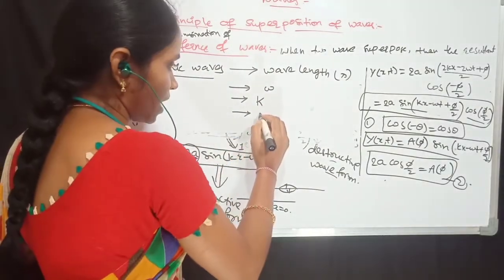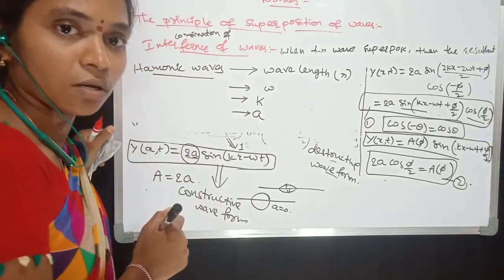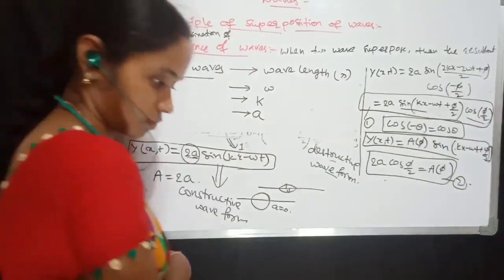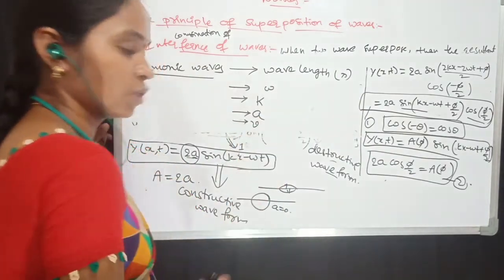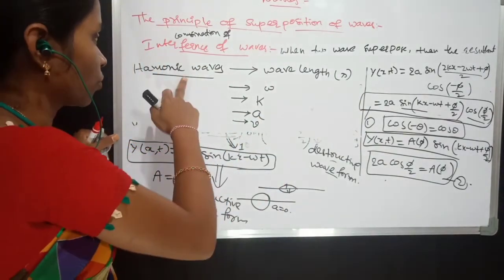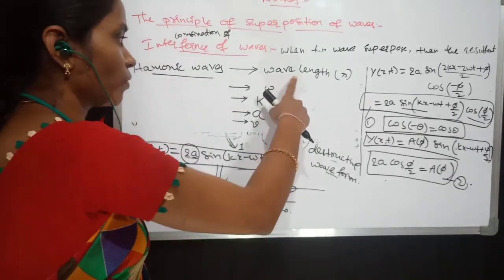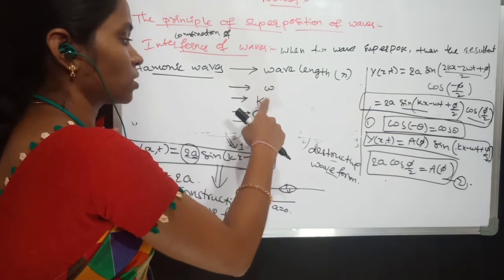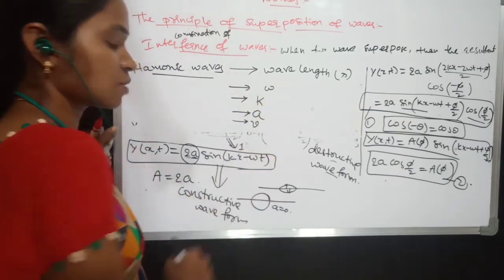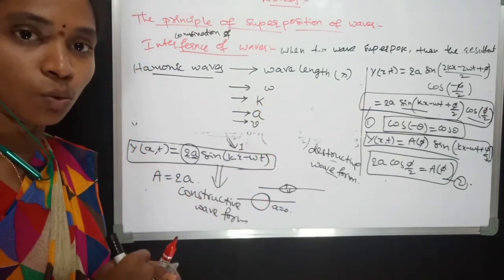Therefore, the amplitude of the waves is also equal, and the wave speed of both the waves is also equal. Harmonic waves are the waves whose wavelength, angular frequency, angular wave number, amplitude and speed are equal.